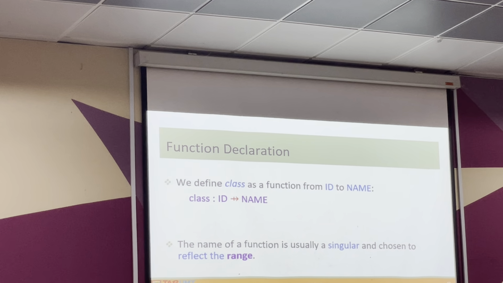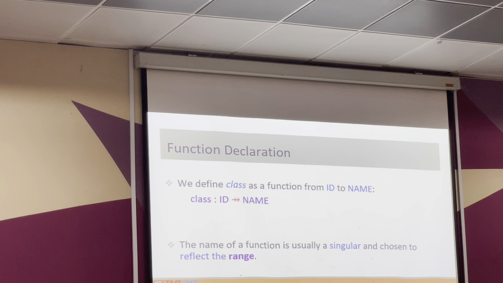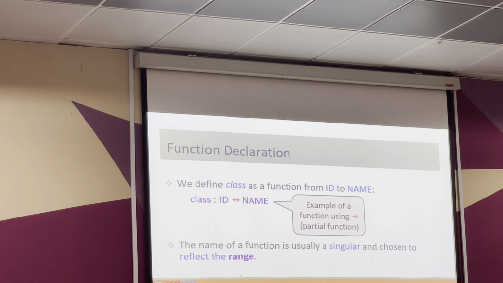Just that normally, if it is a function, the variable that you use will be a singular word. If it is a relation, normally we will go for plural words. This is not compulsory, but it's more of a good practice for writing Z statements, Z declarations and so on. So that is the partial function symbol.